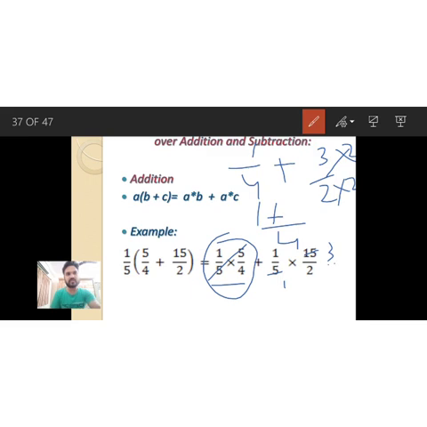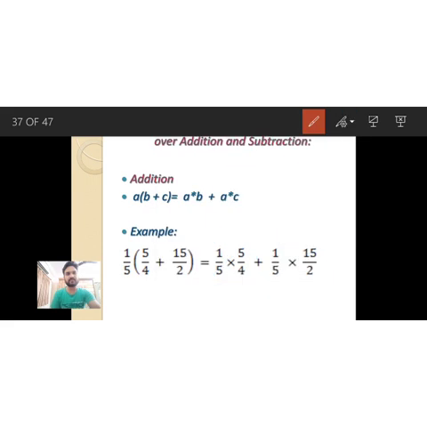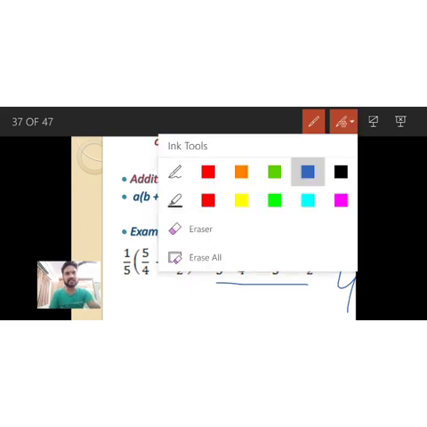So 3 twos are 6. Now 1 plus 6, 7. So 7 by 4 is our final answer. Now you can also do it in your notebook so you can understand.